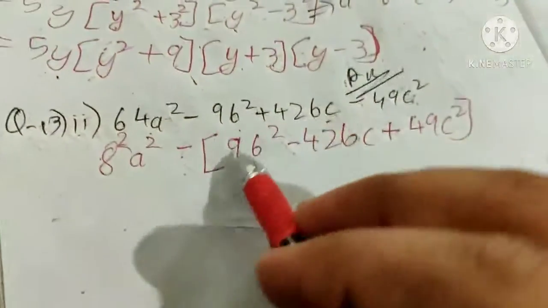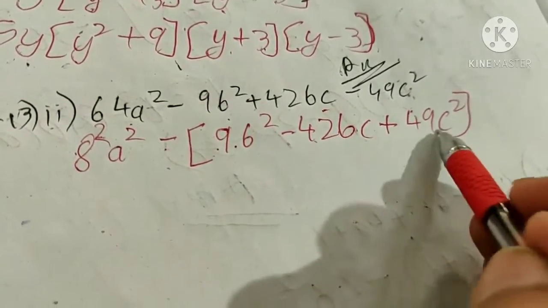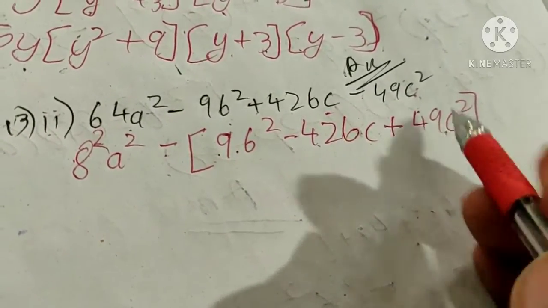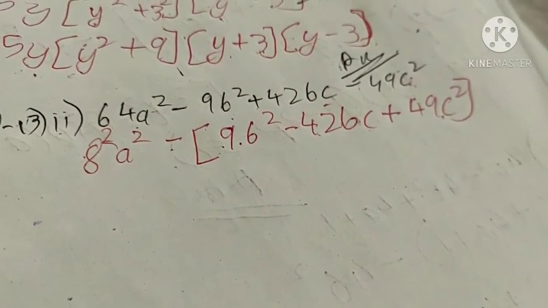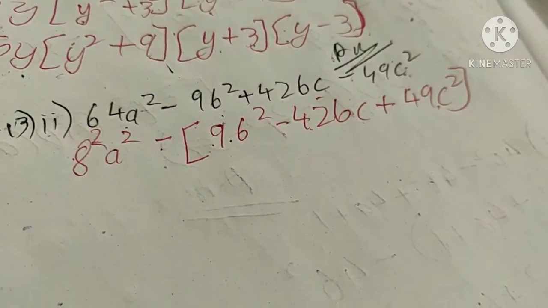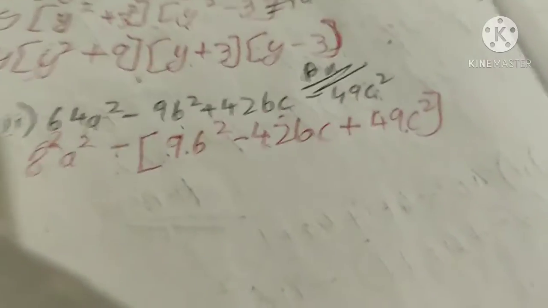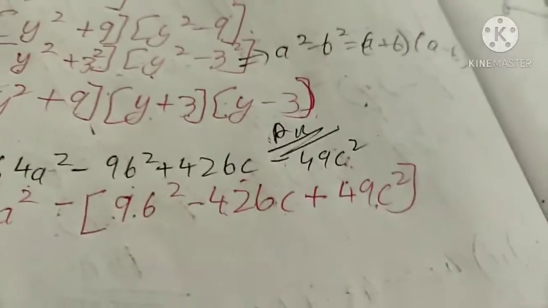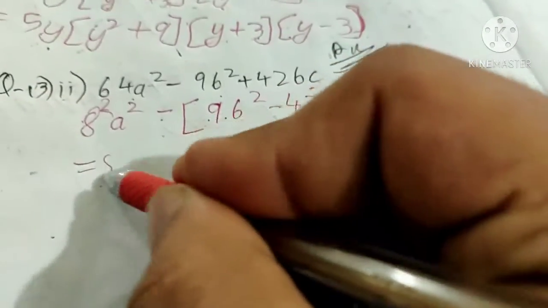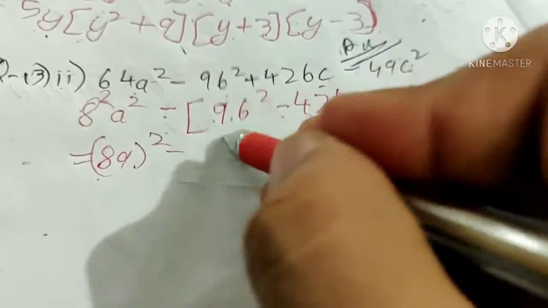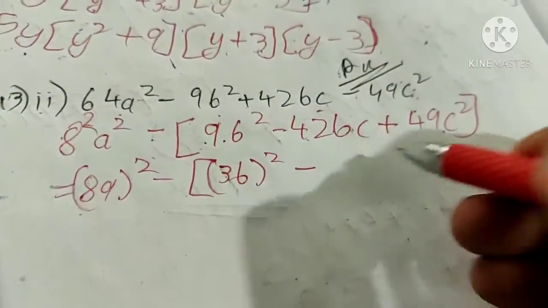Okay, now if we see in all three terms, 9b square, 42bc and 49c square, it has three terms, and three terms may form our identity of a square plus b square minus 2ab or a square plus b square plus 2ab. Here it is minus, so it may be a minus b to the power 2, that is a square minus 2ab plus b square. Now we will check here, it is written 8a to the power 2 minus (3b to the power 2 minus, 7c to the power 2).